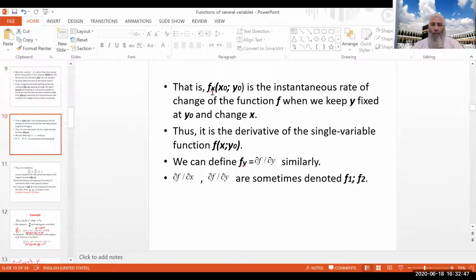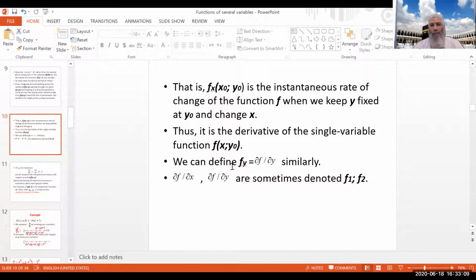That is, f_x(x0, y0) is the instantaneous rate of change of the function f when we keep y fixed at y0 and change x. Thus, it is the derivative of the single variable function f(x, y0).